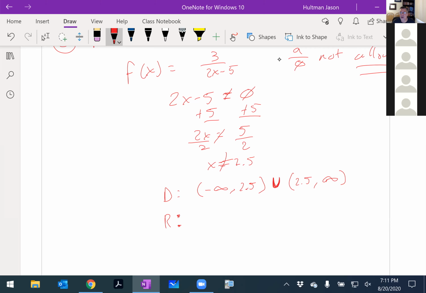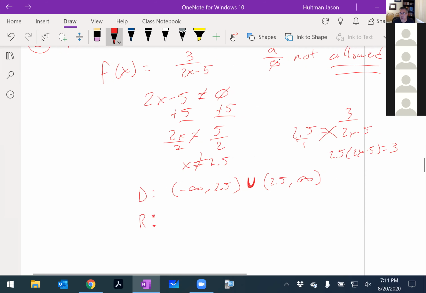But is there a real number that I can't have for the range? Is it 2.5? No, I can have 2.5 for the range. Is 2.5 equal to 3 over 2x minus 5? If I were to cross multiply, I would get 2.5 times 2x minus 5 equals 3. I could solve for x easily here, right? So I can have 2.5.